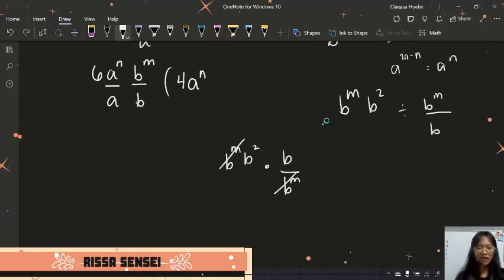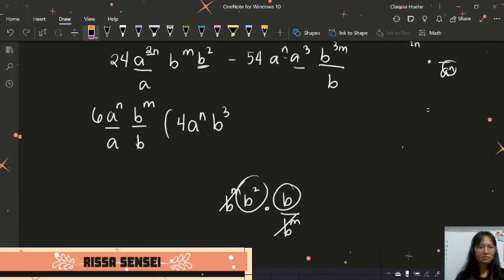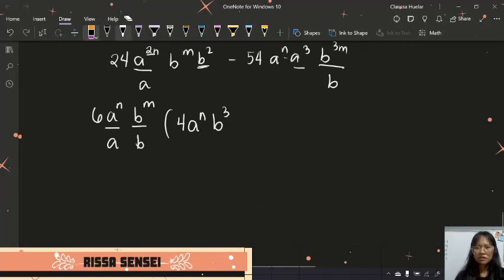So, it will be cancelled. This multiplied to this, b squared times b will give us b cubed. Okay? Next, negative 54 divided by 6 will give us 9. So, obviously, 4 and 9, wala nang common factor sa kanila.